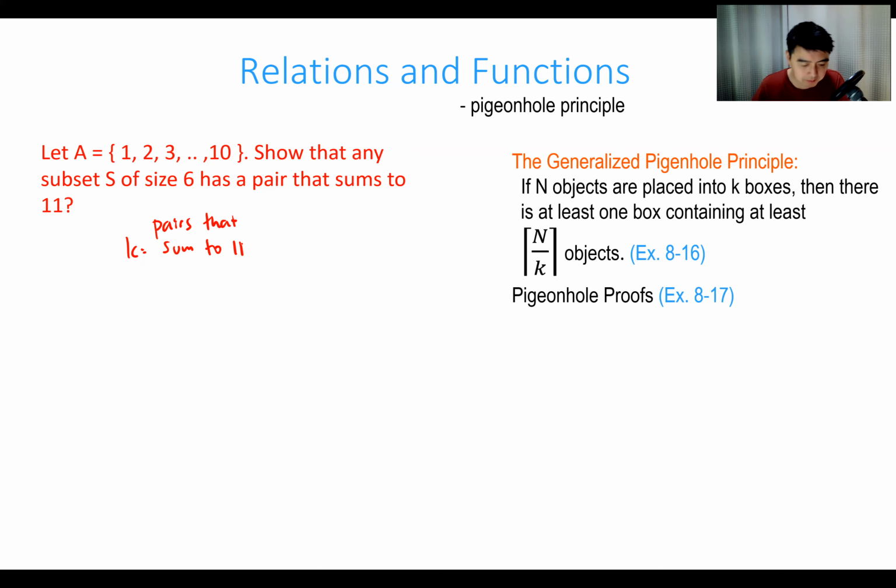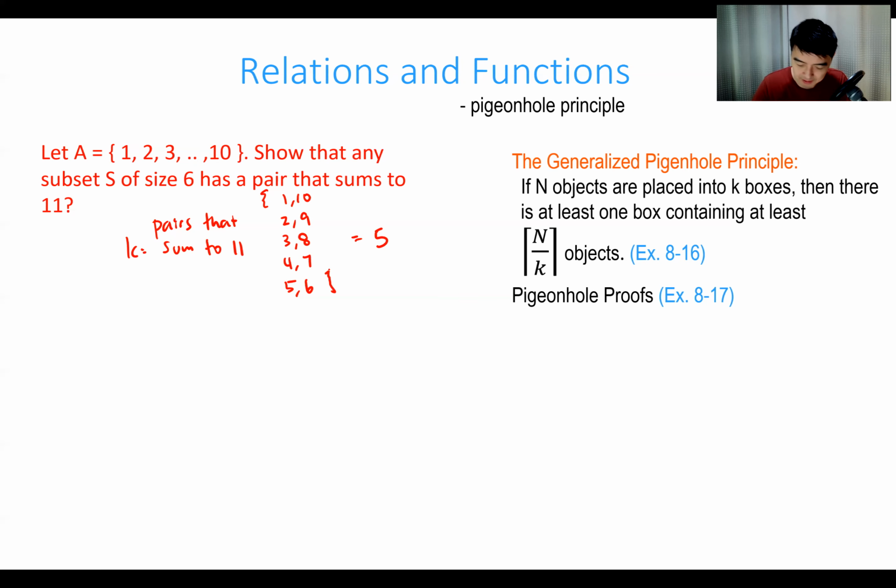Now how many pairs do we have that sum to 11? Well, we have 1 and 10, 2 and 9, 3 and 8, 4 and 7, and also 6 and 5. So we have 5 boxes altogether. So the size of K here is equal to 5.